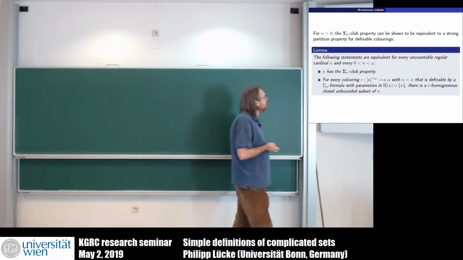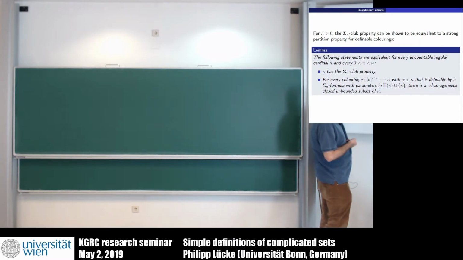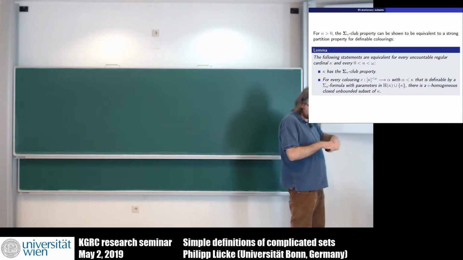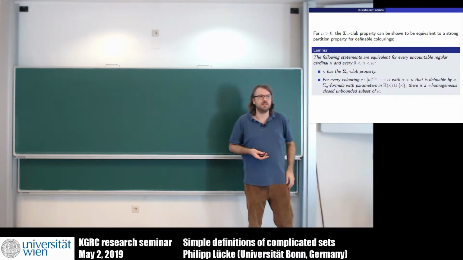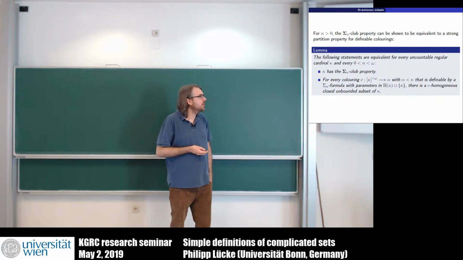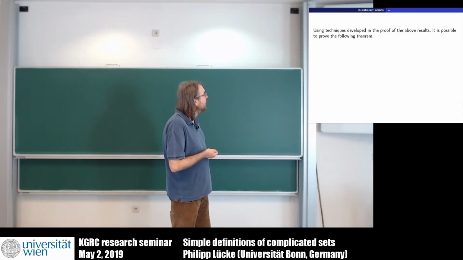And what this also allows you is to just prove this statement for the individual finite arities, because you can just intersect clubs to get a big homogeneous set for the collection of all finite subsets. Okay, but this will be very useful later on.